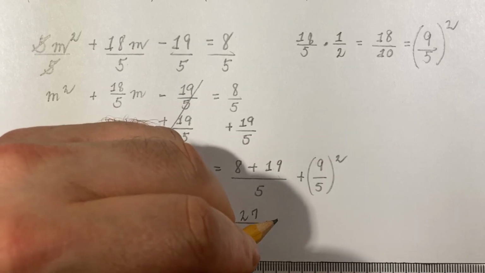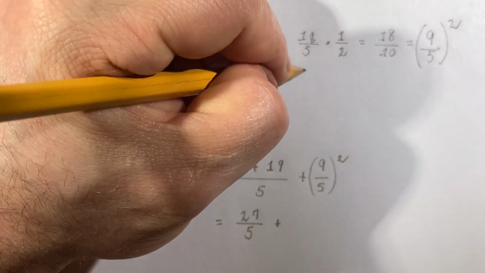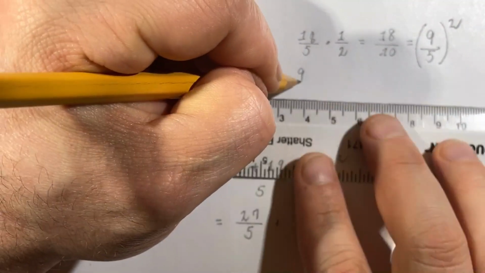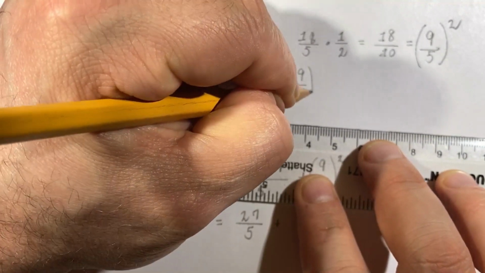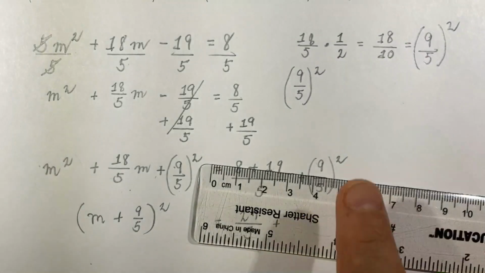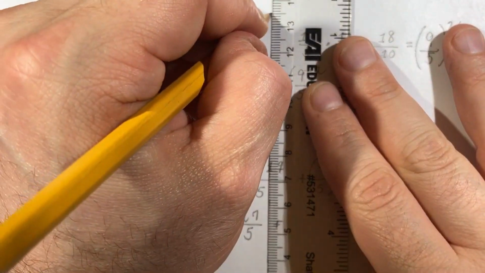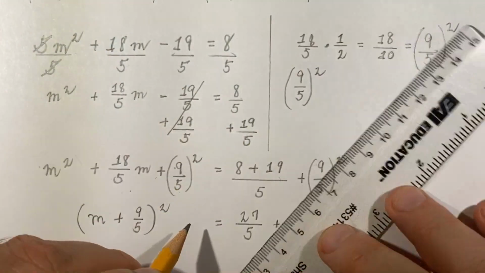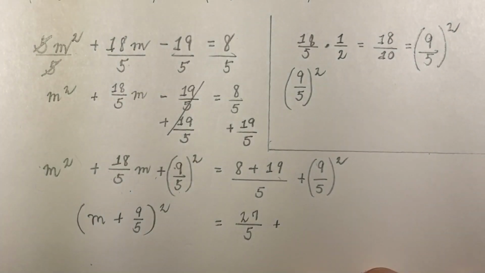And now in order to add this, we have to actually square it. So we're going to take 9 over 5 and we're going to square it. So remember the rule. This is side work. Remember the rule for squaring a fraction.